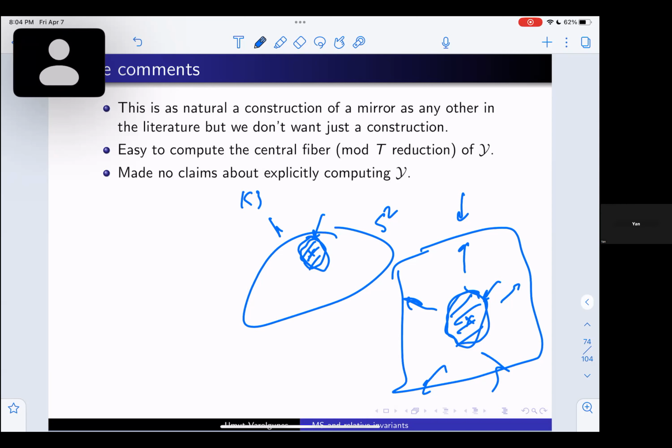I understand, but mimicking or generalizing it, it should be a completely different way to prove, because you have no control on the geometry.